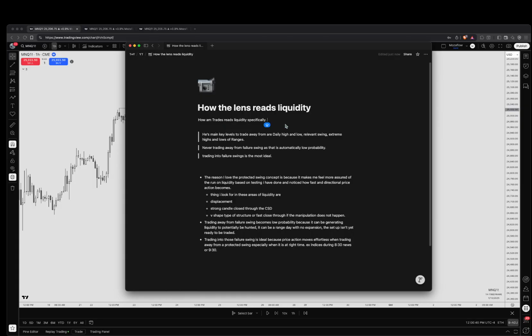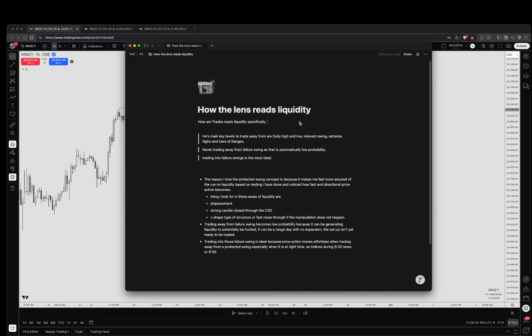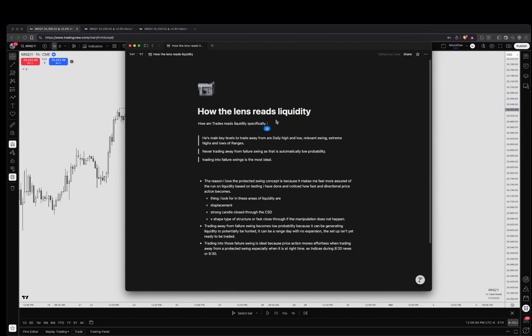This is my current group. Well, my main group, obviously. My main group, actually. I want to talk about how they read liquidity, specifically AM, because that's the guy that I follow the most in the lens.